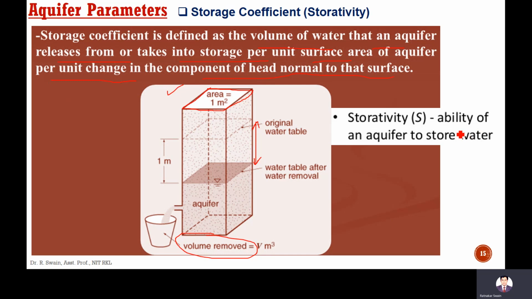So storativity is nothing but the ability of an aquifer to store water, either when we take it out of the groundwater system or release it into the groundwater system.